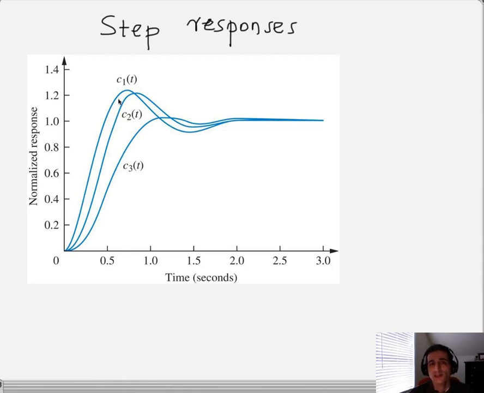As you see, the responses of C2 and C1 are more similar compared to C3. If that extra pole is located even further away from the complex poles, then these two responses are going to become very, very similar.